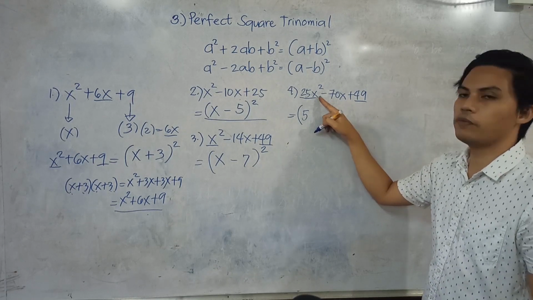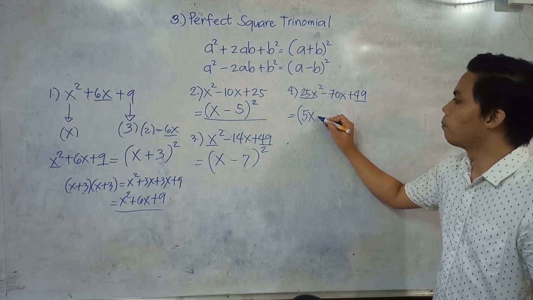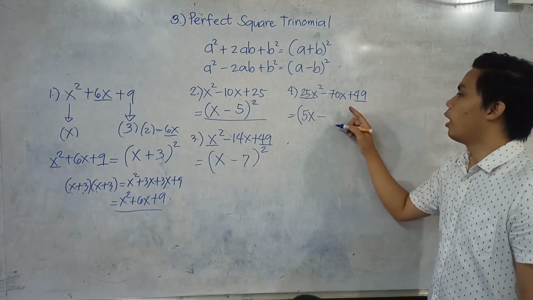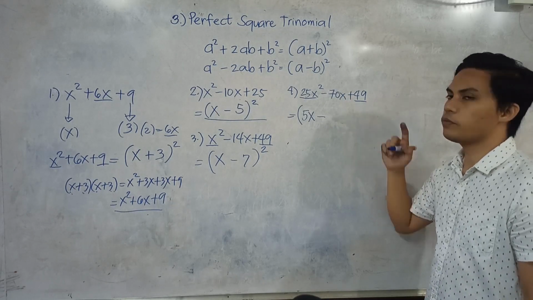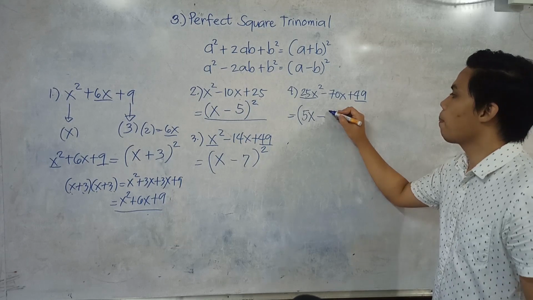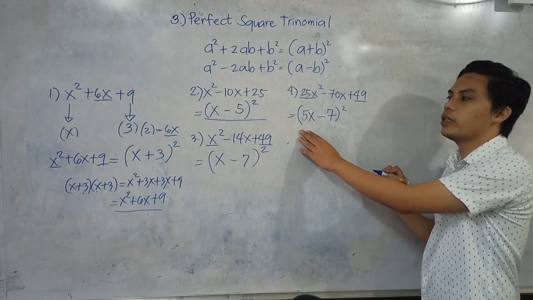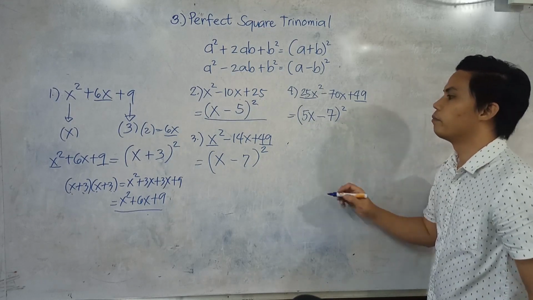How about the square root of x squared? x. Then, minus, kasi nga negative or minus yung second term natin. Then we have square root of 49. The square root of 49 is 7. Then square. So the answer is the quantity 5x minus 7 quantity squared.